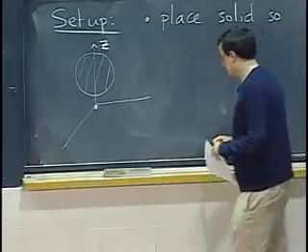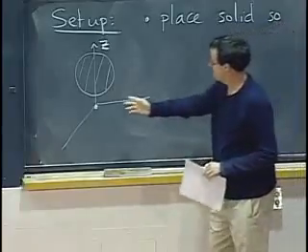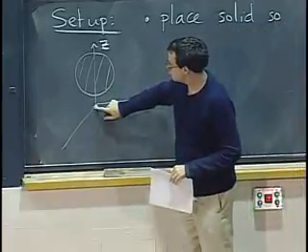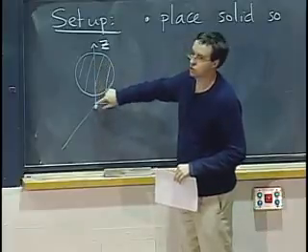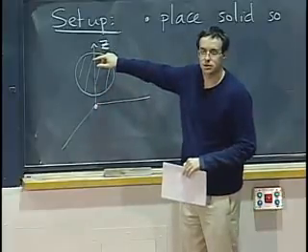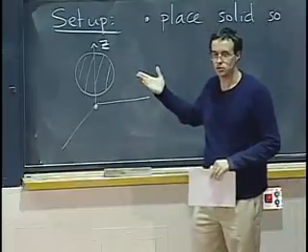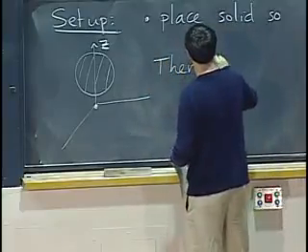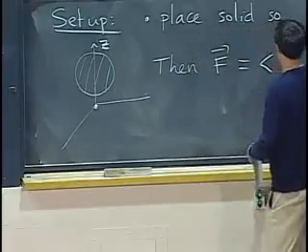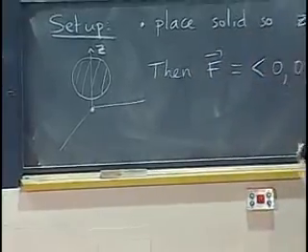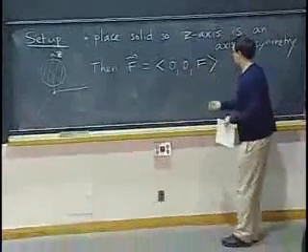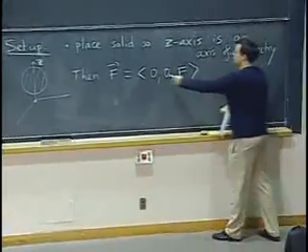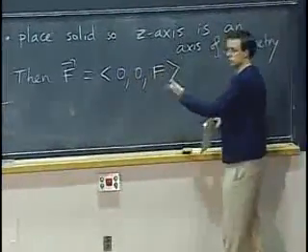And what do you gain by that? Well, what you gain is that by symmetry, the gravitational force will be directed along the z-axis. So you'll just have to figure out the z component. So the force will be, in advance, given by 0, 0, and some z component.